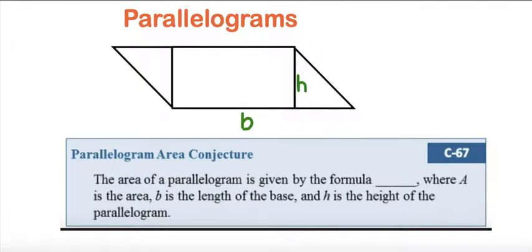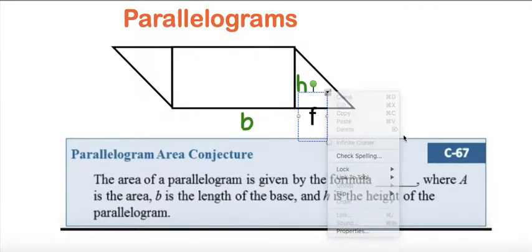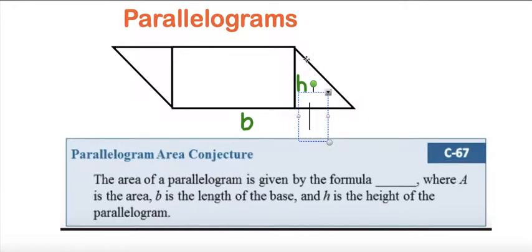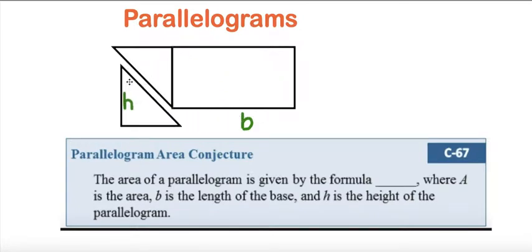Right, now how can we get the formula for the area of this parallelogram? So what if I take this triangle on the side and just translate it? So here's our transformation. We're translating that triangle to the other side. Well, all of a sudden it looks like we have a rectangle, again with a base and a height.